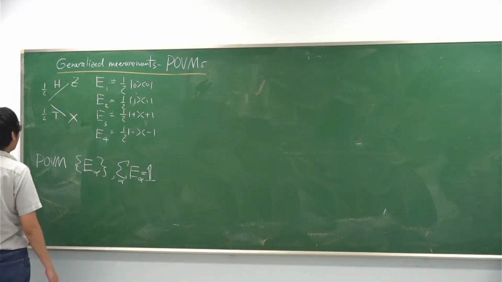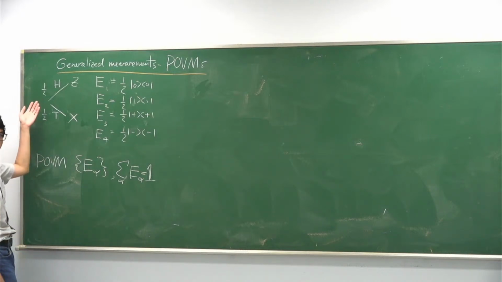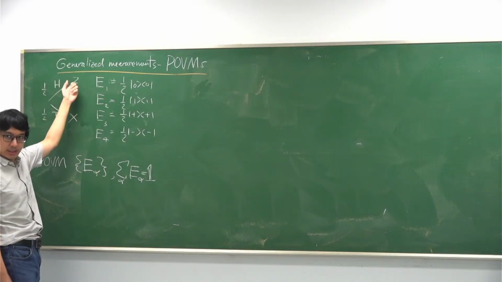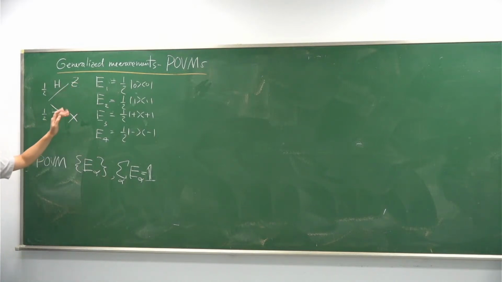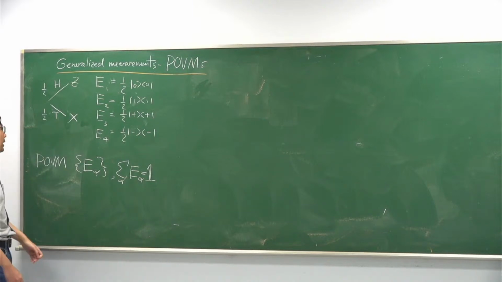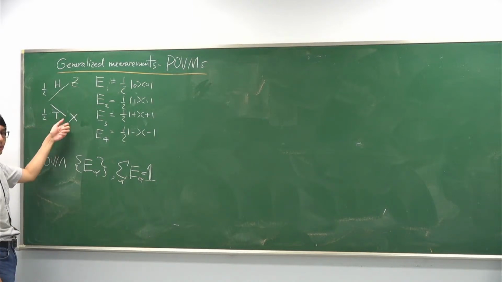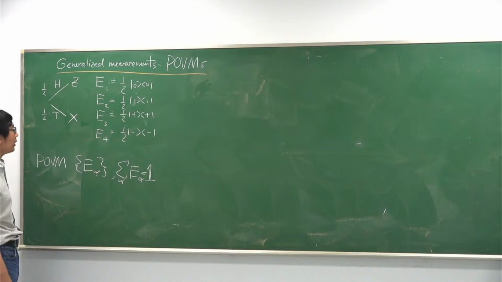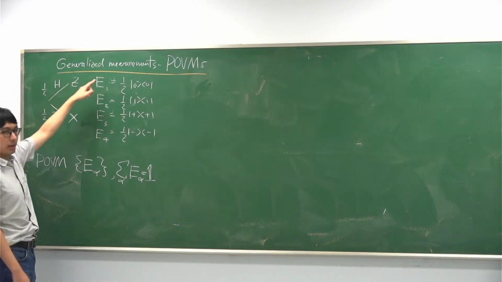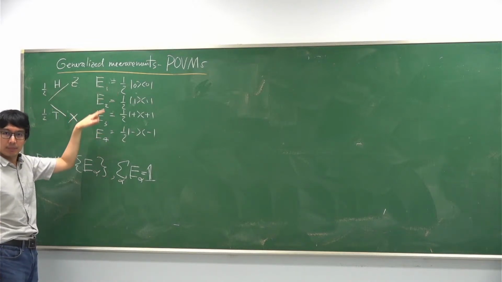For example, I can flip a coin, and if it comes up heads, I measure z. Suppose this is a qubit system. And if the coin comes up tails, then I measure x. Because the probabilities of the coin flip are 1/2, these are my POVM elements.